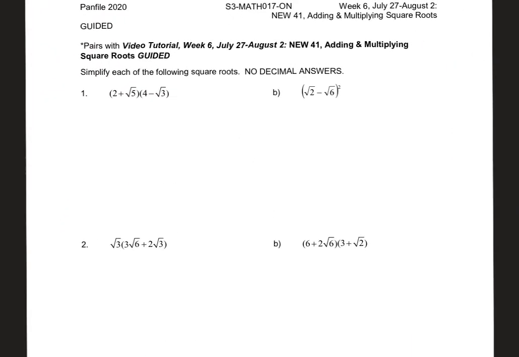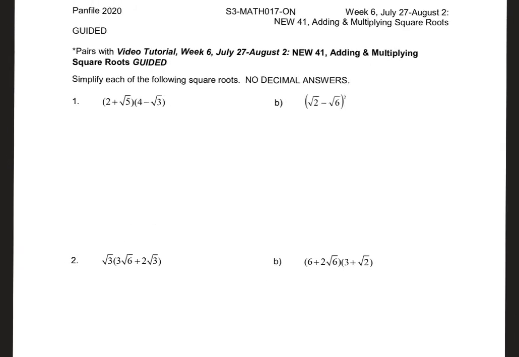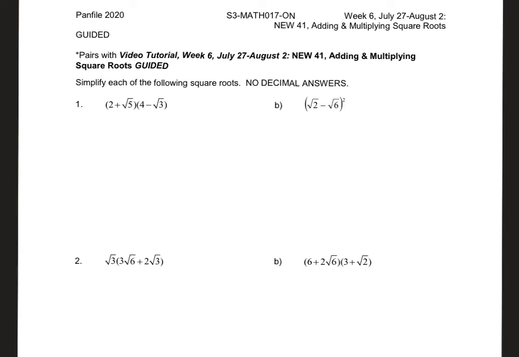All right, so looking at this, we are basically doing all the things we've already done all through this course, and we're just going to put it with radicals. So we've seen, number one, double distributing problems. We just haven't seen them with square roots yet, okay?